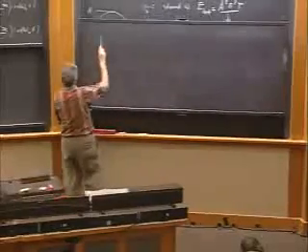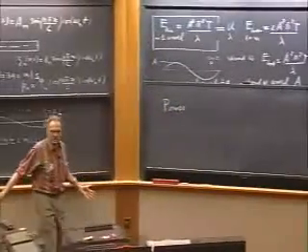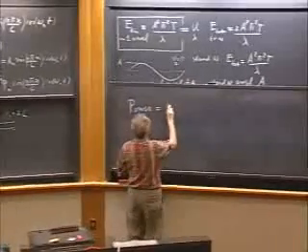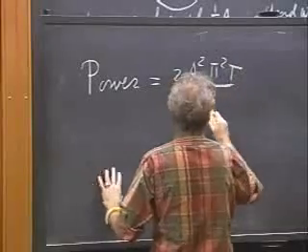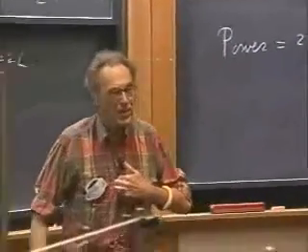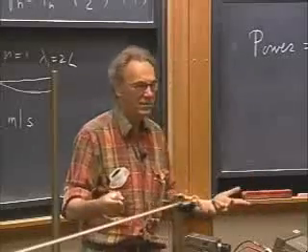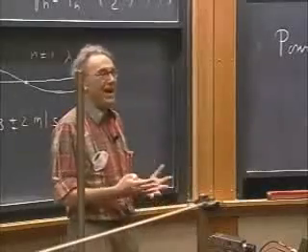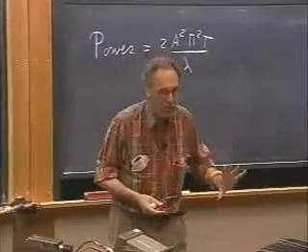And so I can now very easily calculate for you the power to generate a standing wave. That is utterly trivial, because the energy in the standing wave is 2A squared pi squared T divided by lambda, and all I have to do now is to divide it by the time that it takes me to generate one oscillation. So that's the period of the oscillation. The period of the oscillation is the same as 1 over the frequency.